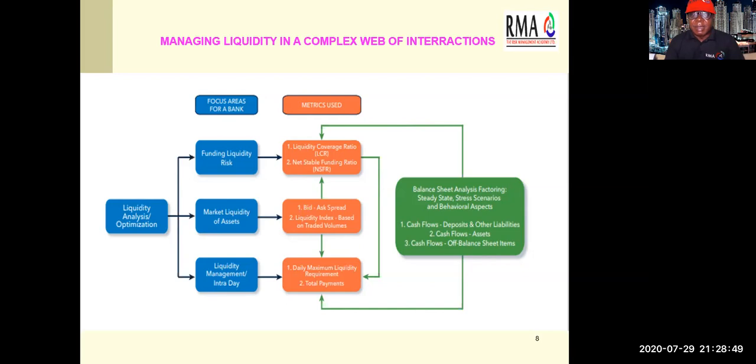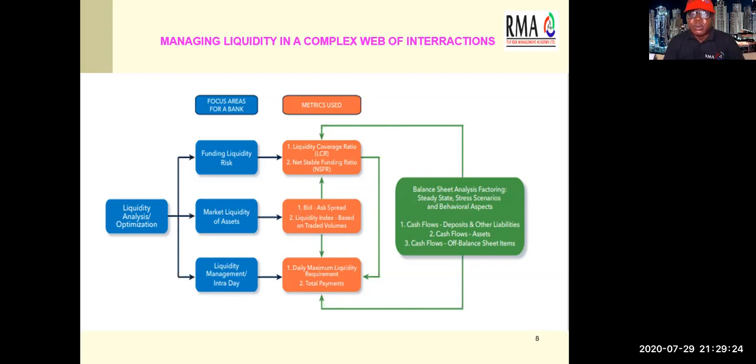Now, carefully balancing, managing, and optimizing liquidity within these three areas and using these metrics requires an act of delicate balancing and a complex web of interactions. This involves balance sheet analysis, and this deals with the issue of steady state stress scenarios and behavioral aspects. That means banks must have the capacity to conduct robust stress testing and robust analysis to be able to determine areas where risks are coming from to be able to optimize their liquidity.